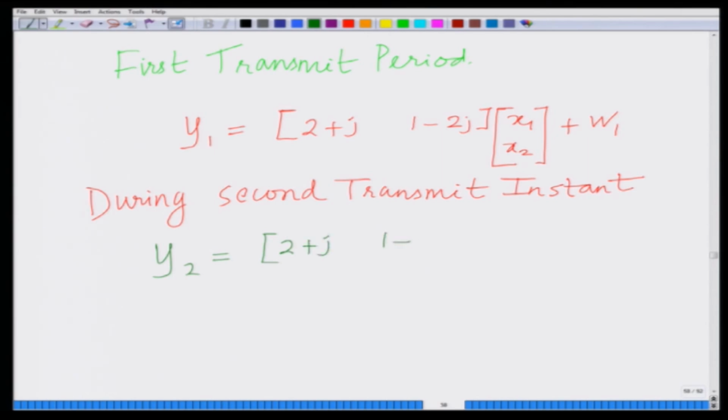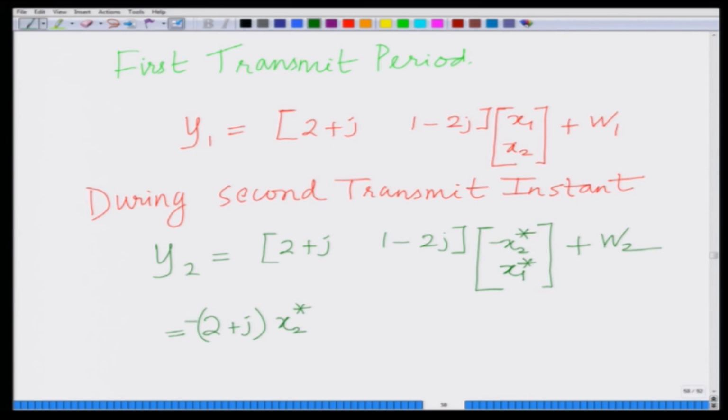[2+j, 1-2j; -x2 conjugate, x1 conjugate] plus w2, which is equal to (2+j) times x2 conjugate minus (2+j) times x2 conjugate plus (1-2j) times x1 conjugate plus w2.